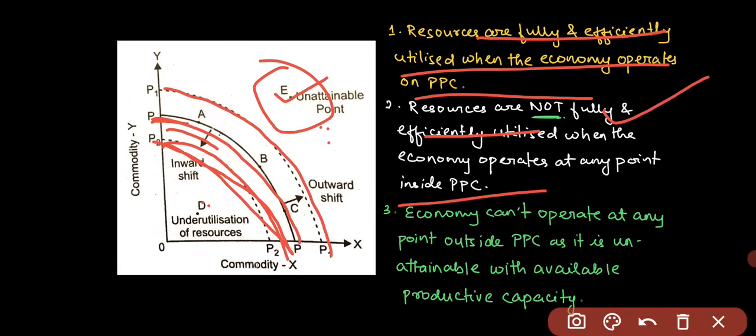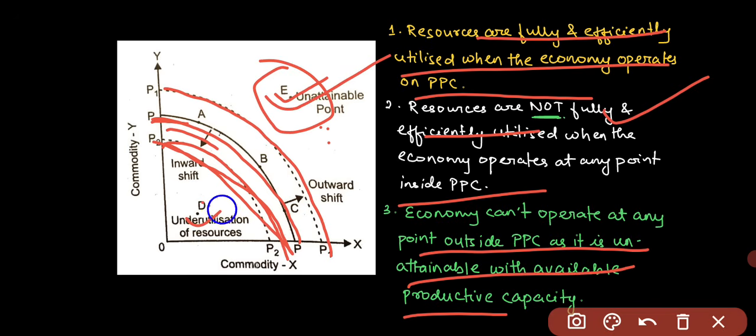So it is all about this: the economy cannot operate at a point outside the PPC, as it is unattainable with the developed productive capacity in the economy, right? It is an unattainable point; the other is an attainable point, but not fully efficient. It is the production possibility curve, and there is a new production possibility curve which is towards the right side because of an increase in resources and technology.